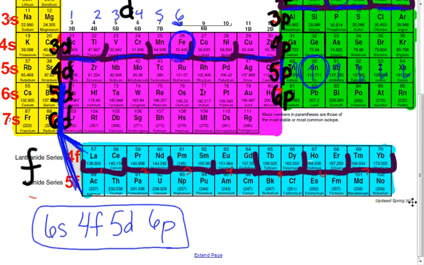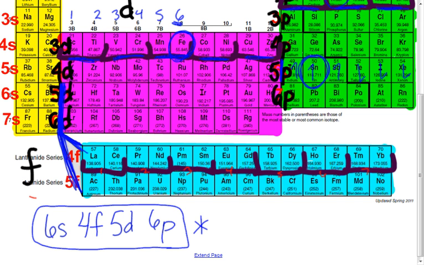So on your periodic table, if that doesn't stand out to you, you might want to go over the lines, or you can write down at the bottom that whenever you get to those bottom 2 rows, this is the order you go through. For the 6th row, you'd go 6s, we'd come down here, we'd get all of 4f, and then we go back and get 5d, and then 6p. So if you want to jot that down on your periodic table, you can.